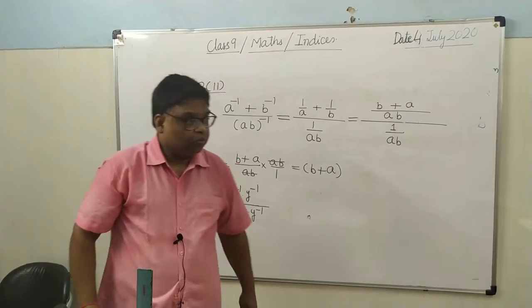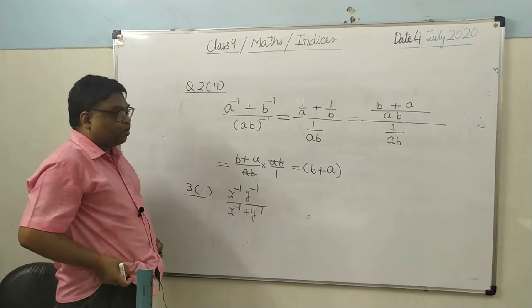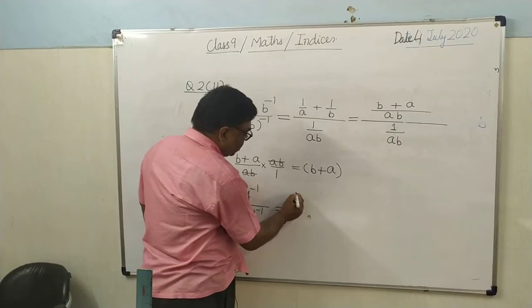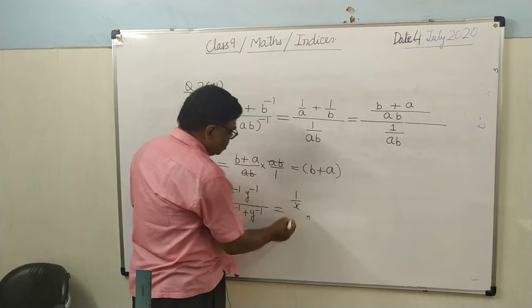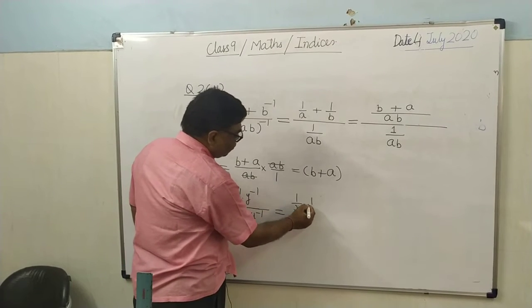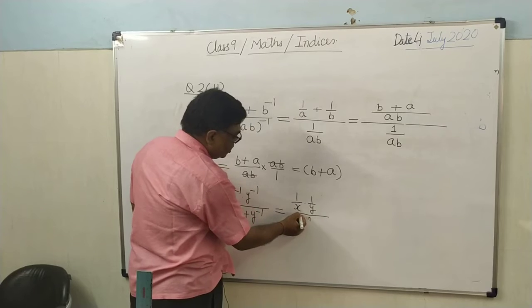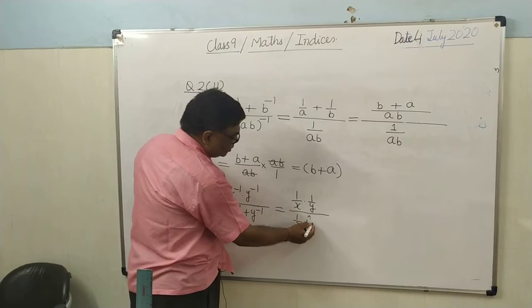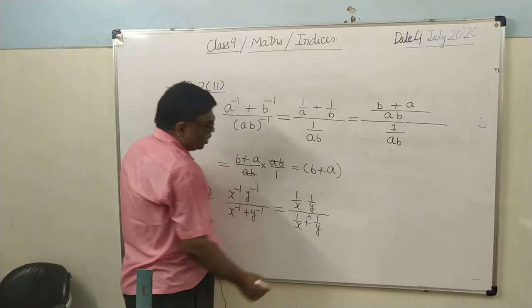So what will you write? x to the power minus 1 can be written as 1 upon x, y to the power minus 1 as 1 upon y. Divided by, this is 1 upon x plus 1 upon y.